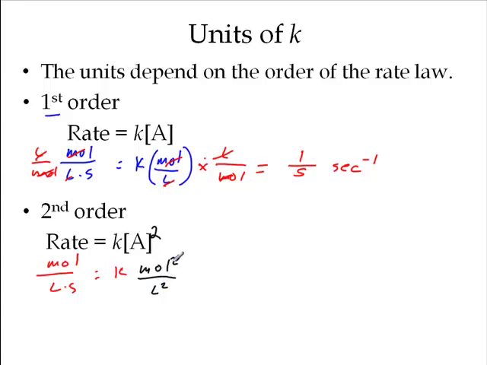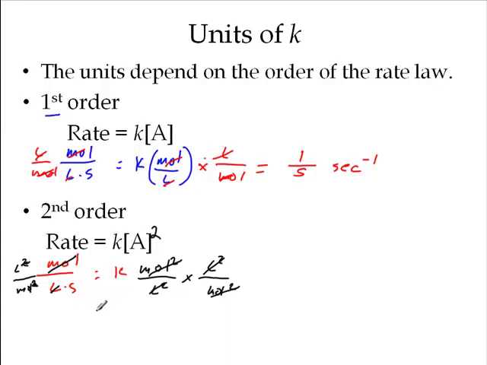If I multiply both sides by liters squared over moles squared, one of those moles is canceled, one of those liters is canceled, and of course these cancel.